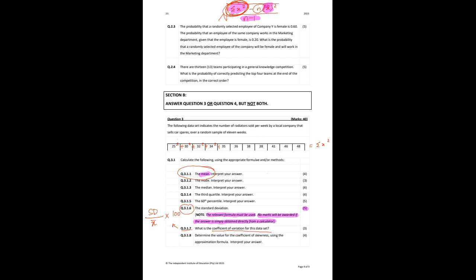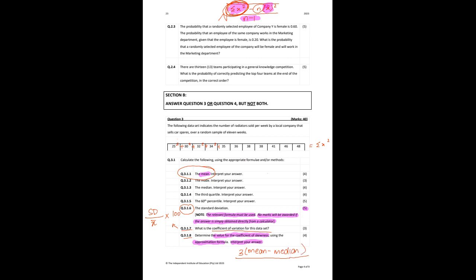Then question 3.1.8 here asked you to determine the value of the coefficient of skewness using the approximation formula and interpret your answer. So the coefficient of skewness is calculated using the formula of 3 multiplied by the mean minus the median, over the standard deviation.